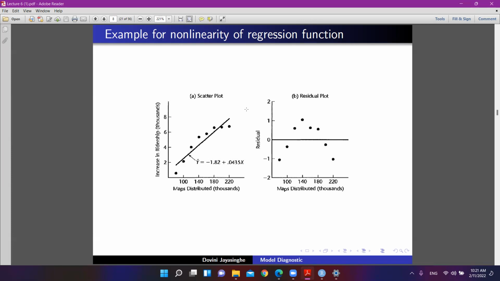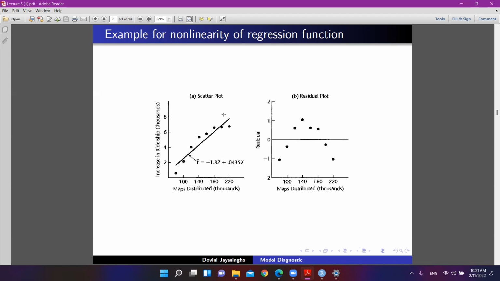Sample size is 8. When x is around 80, the y variable is 0 point something. When it is 100, the y variable is 2.